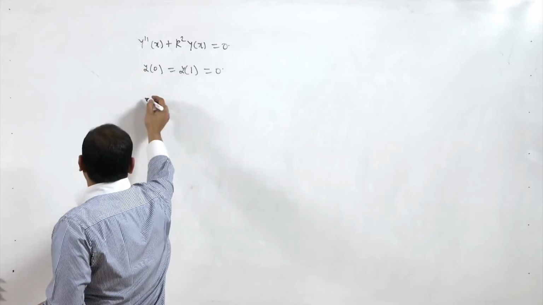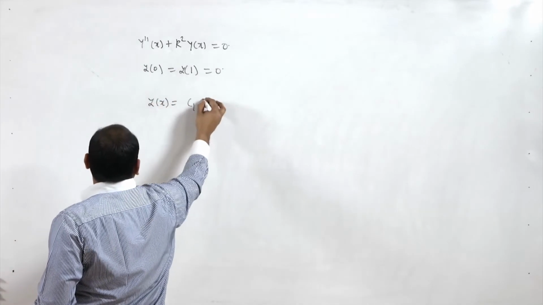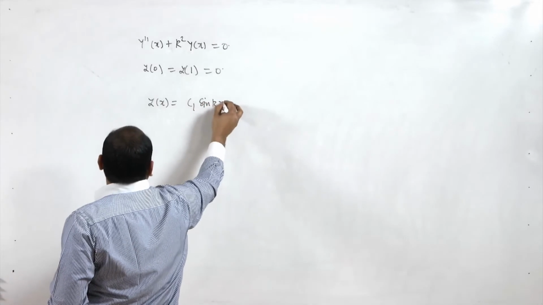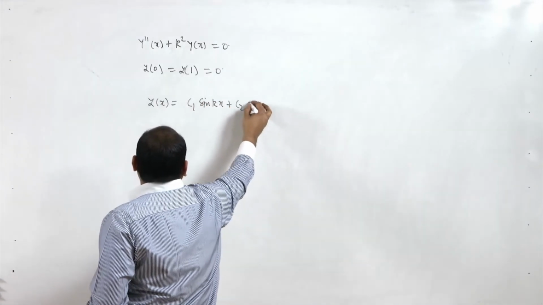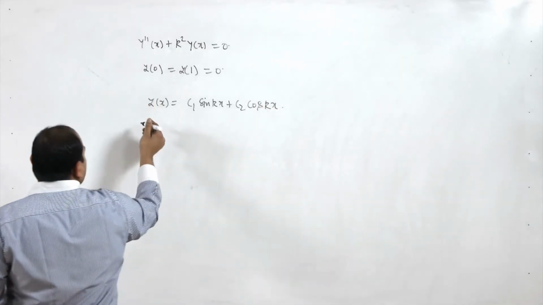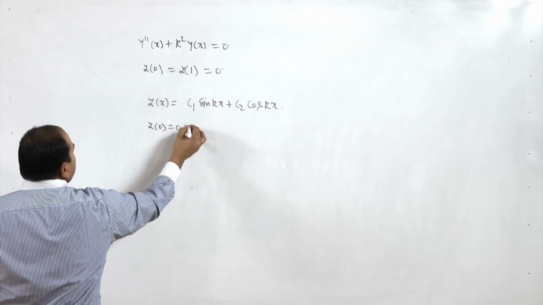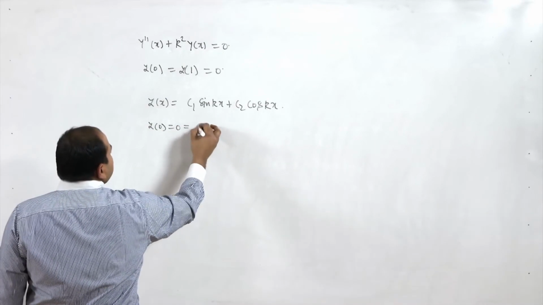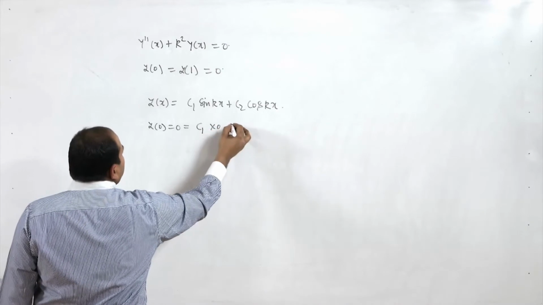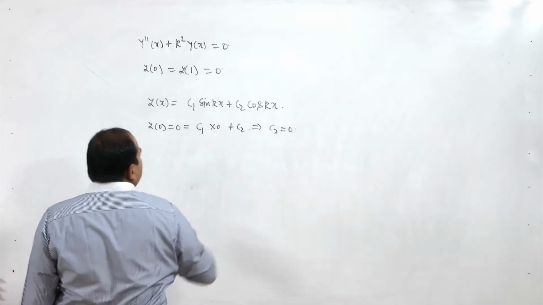If you solve this, the general solution is y(x) = c1 sin(kx) + c2 cos(kx). If you use the condition y(0) = 0, this implies c1 times 0 plus c2, so c2 = 0.